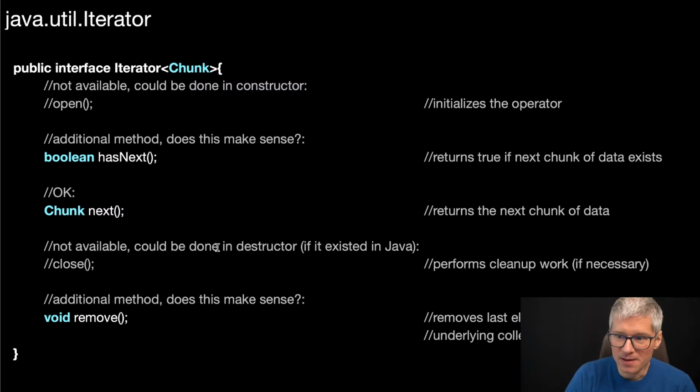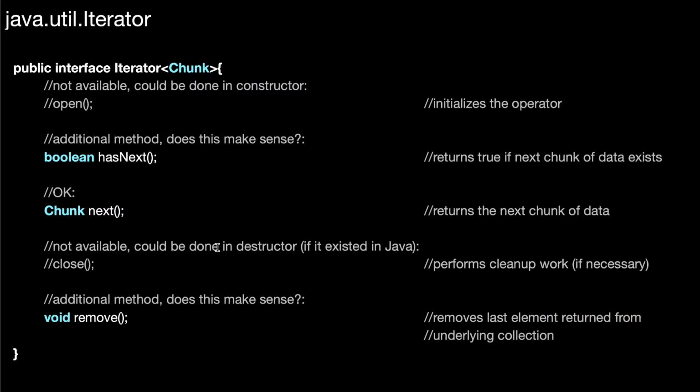So if you look at how such an operator can be found in programming languages like Java, this is an example of how it looks in Java. There's in java.util an iterator interface. It has been there from the early 90s. They created that already in very early versions of Java. So you don't have an open method, but you could do that in the constructor.